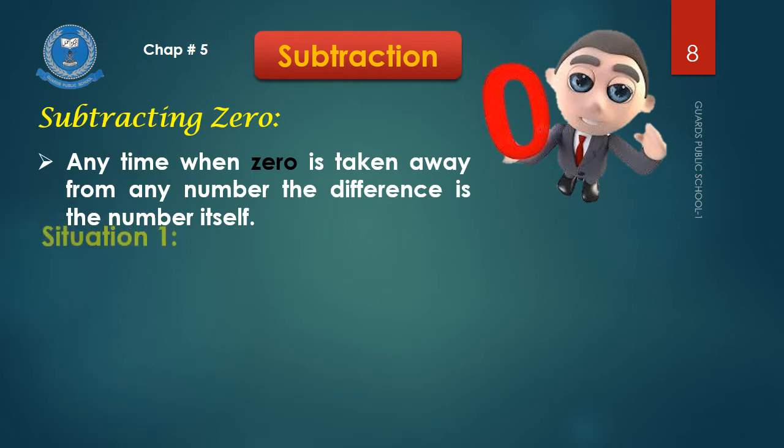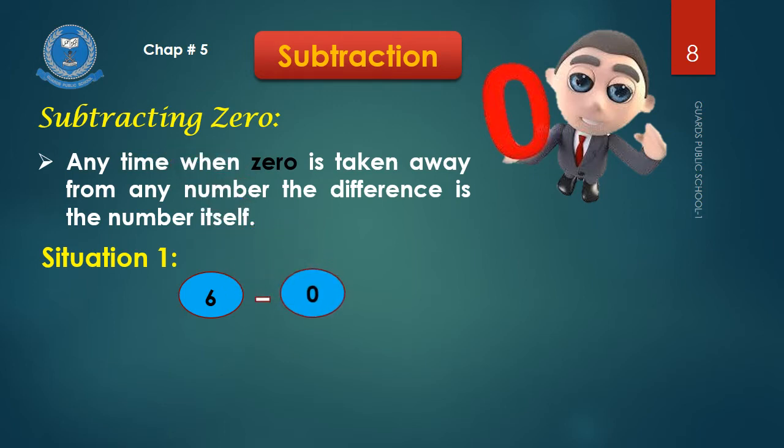For example, from a set of 6 apples, if we take away 0 apples, there will still be 6 apples in a set, as 6 minus 0 is equal to 6.